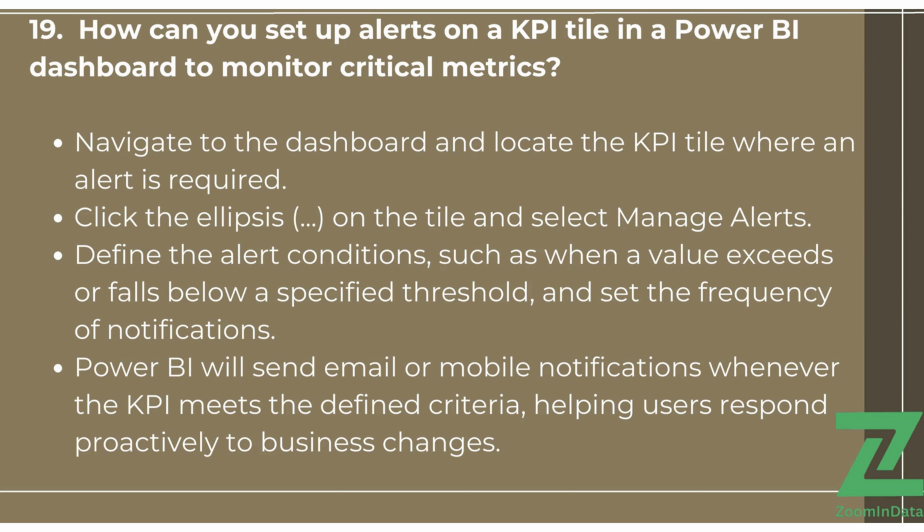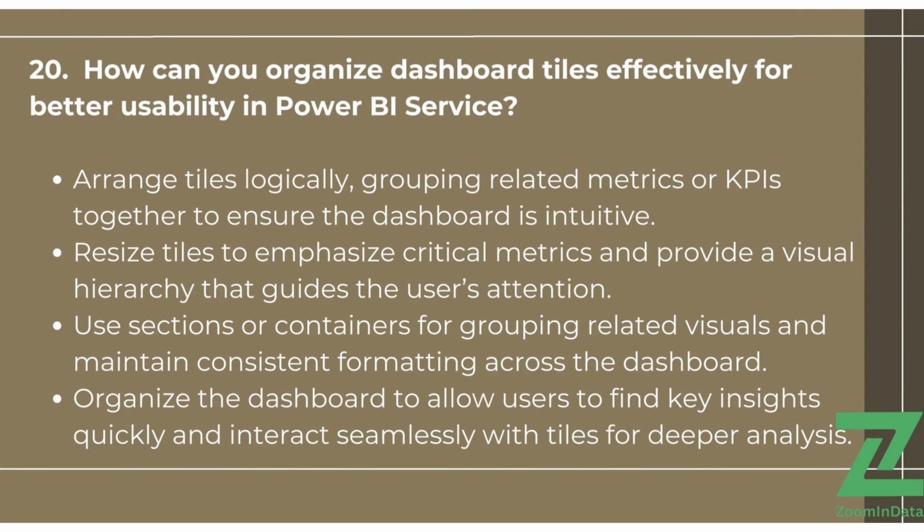Define the alert conditions, such as when a value exceeds or falls below a specified threshold, and set the frequency of notifications. Power BI will send email or mobile notifications whenever the KPI meets the defined criteria, helping users respond proactively to business changes.